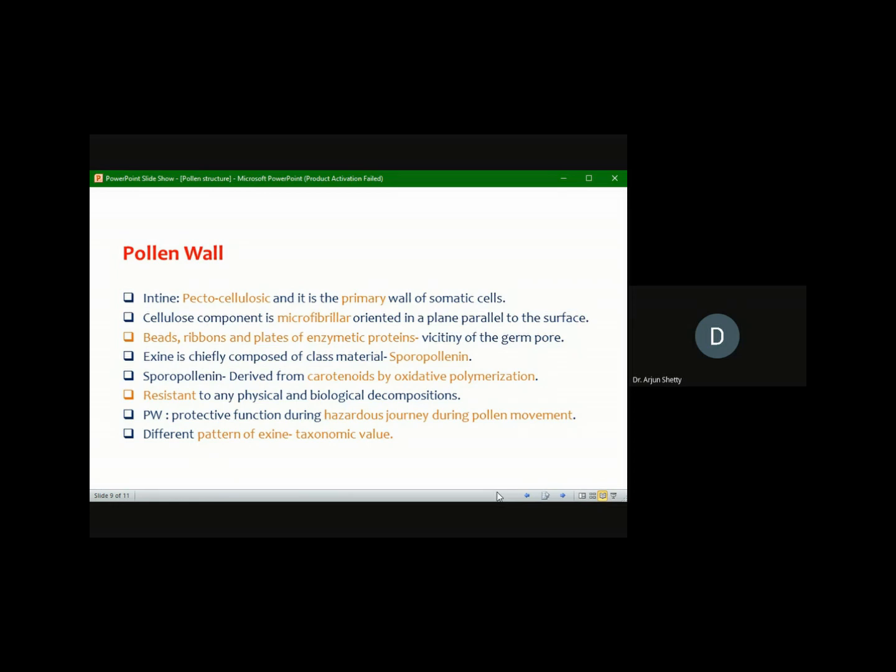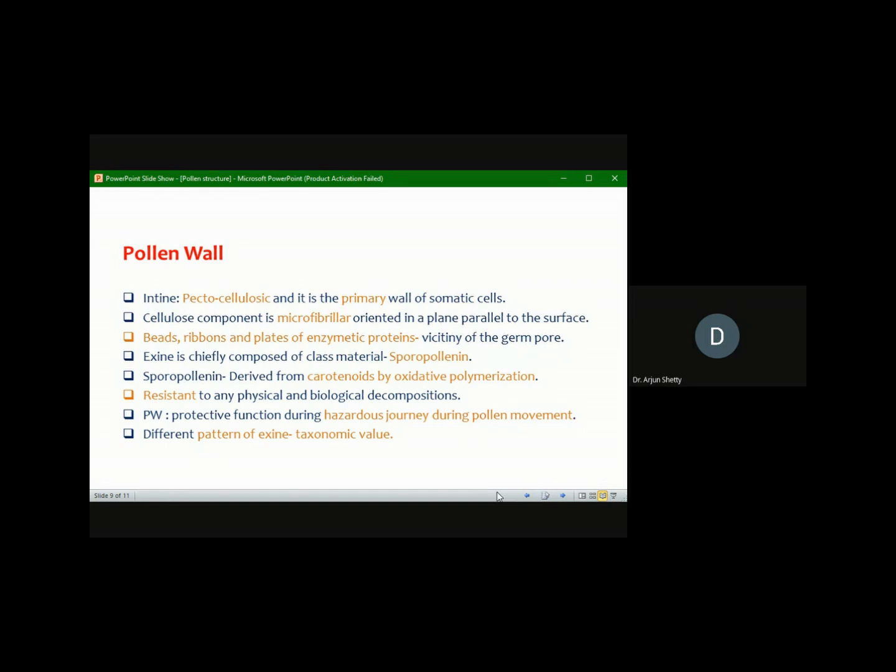So the pectin may be available individually, the cellulosic component may be available individually, and sometimes the complex structure of these two, the pectocellulosic components, may be there. All these three, either individual or in composition, serve as the primary wall for most of the intine. It is given here as a somatic cell. The pollen is still a somatic cell because it has not yet undergone the production of a gamete.